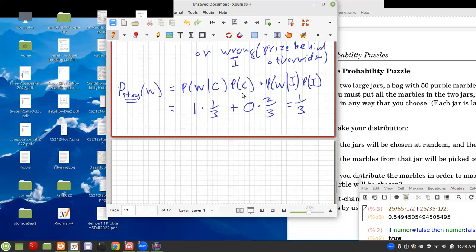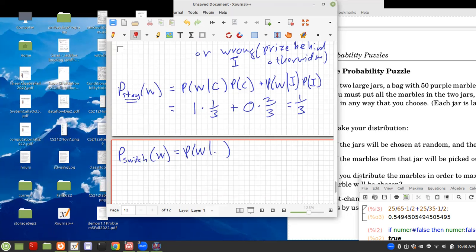Now let's do the same calculation with the same partition of correct and incorrect for switching. That equals the probability of winning if you're correct on the first choice times the probability you're correct, plus the probability of winning given that you're incorrect in the first choice times the probability that you're incorrect.